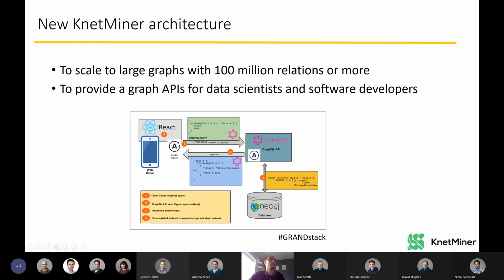I'm estimating the new knowledge graphs that we might be building in future to have about 100 million relationships that need to be indexed and stored efficiently in a graph database. Then powered by a middle tier called Apollo GraphQL, which serves the data efficiently, and then React front-end tools to visualize it.